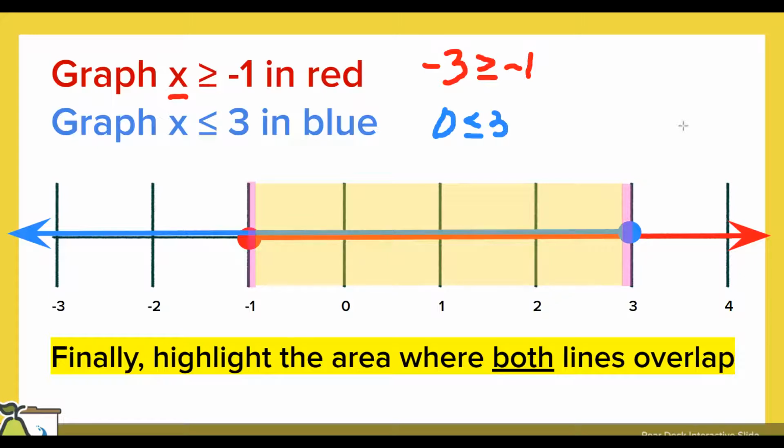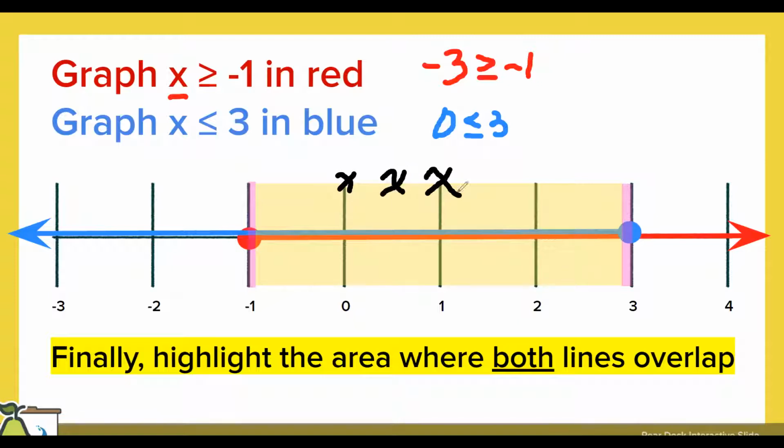Well, let's think about it. The areas where they overlap are the places where x is a solution for both of them. So for instance, right here at x equals 1 is a solution that works for x has to be bigger than or equal to -1, x has to be less than or equal to 3. It also works here at 0 or here at 1/2.